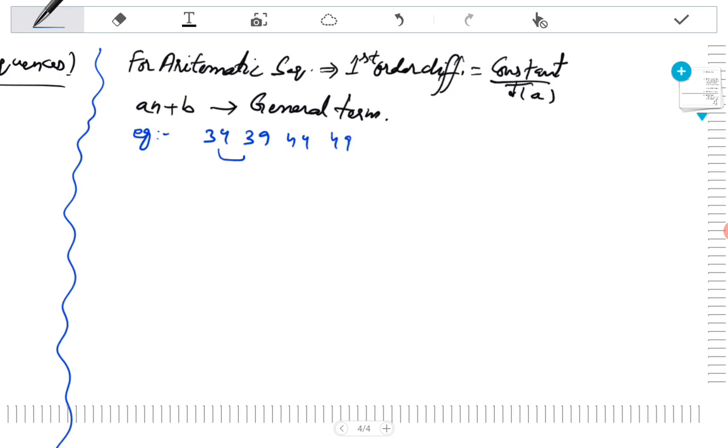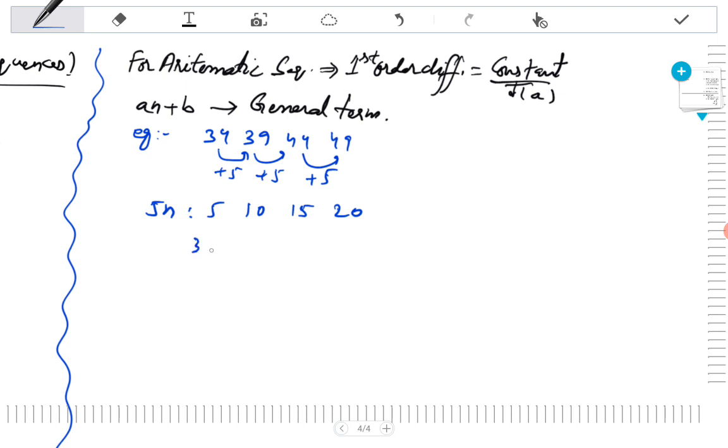In this sequence, every time we are adding plus 5, plus 5, plus 5, so simply 5n is the first part of the formula, and you just list the values of 5n with different values of n. 5 times 1 is 5, 5 times 2 is 10, 5 times 3 is 15, and 5 times 4 is 20.